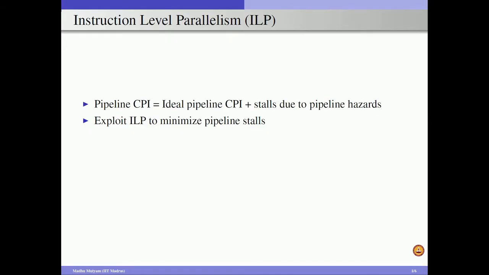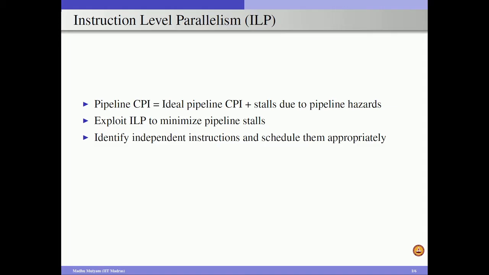We consider several techniques as part of this unit to minimize the pipeline stalls, and the major thing involved in these mechanisms is to identify the dependencies among the instructions. So, identify independent instructions and schedule them appropriately, so that the pipeline stalls can be minimized. For identifying these independent instructions, we can take the help of software as well as hardware.